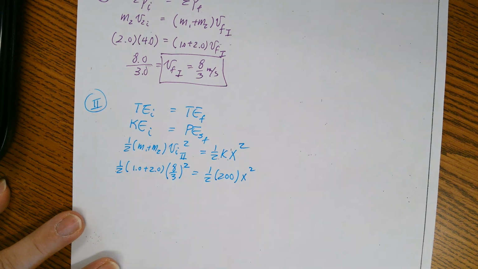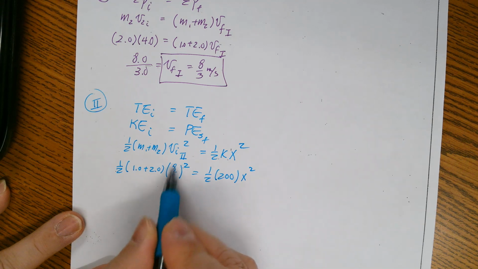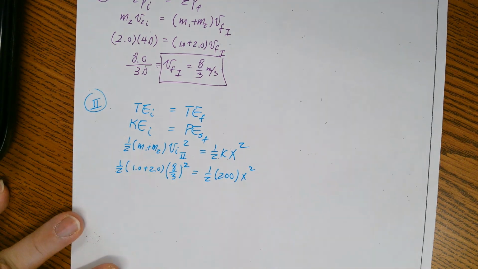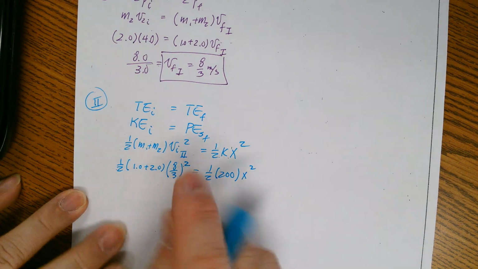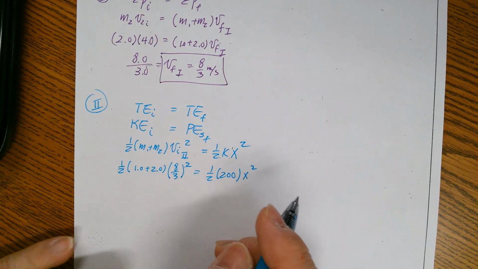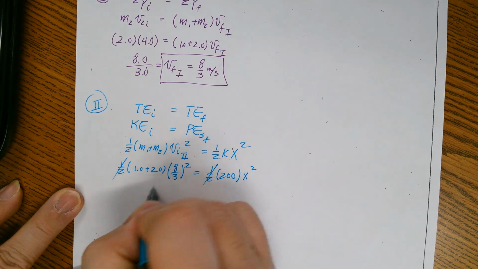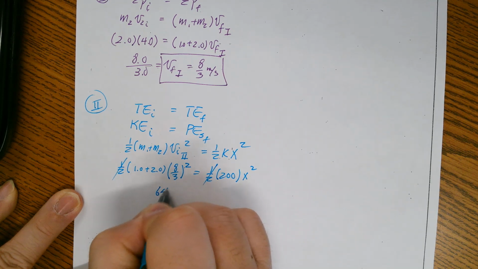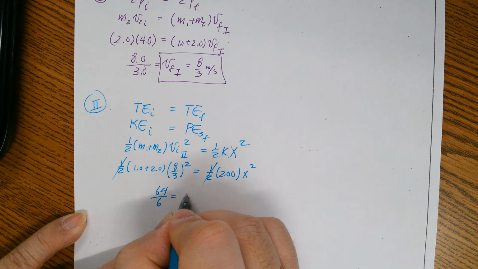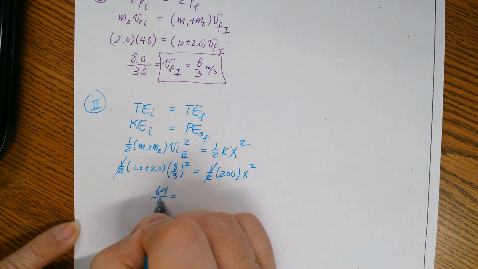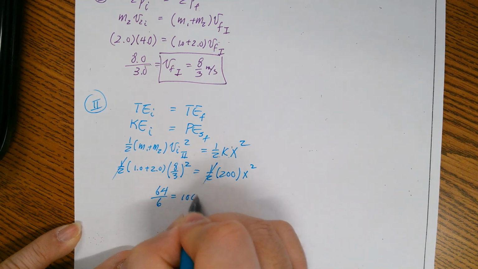The 3s cancel out, and you've got a 3 left over here, so 64 over 6. 64 over 6 is equal to 200, actually equal to 100.